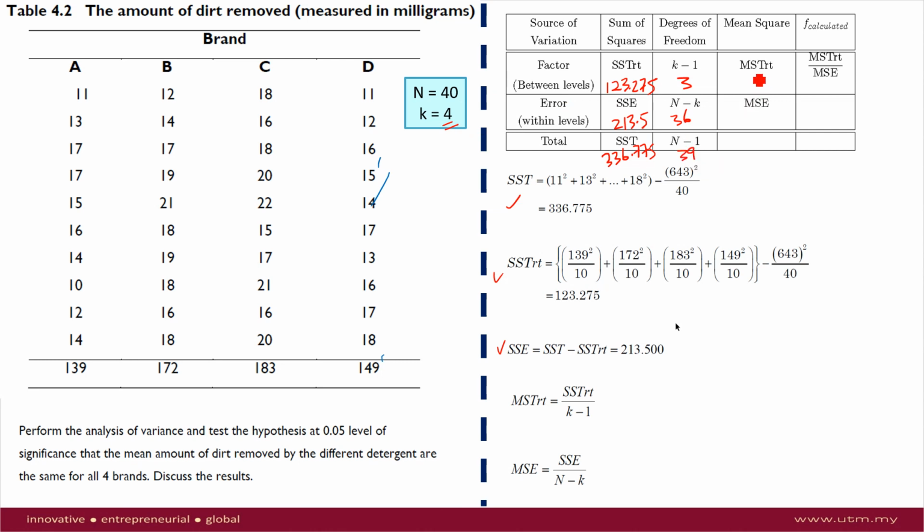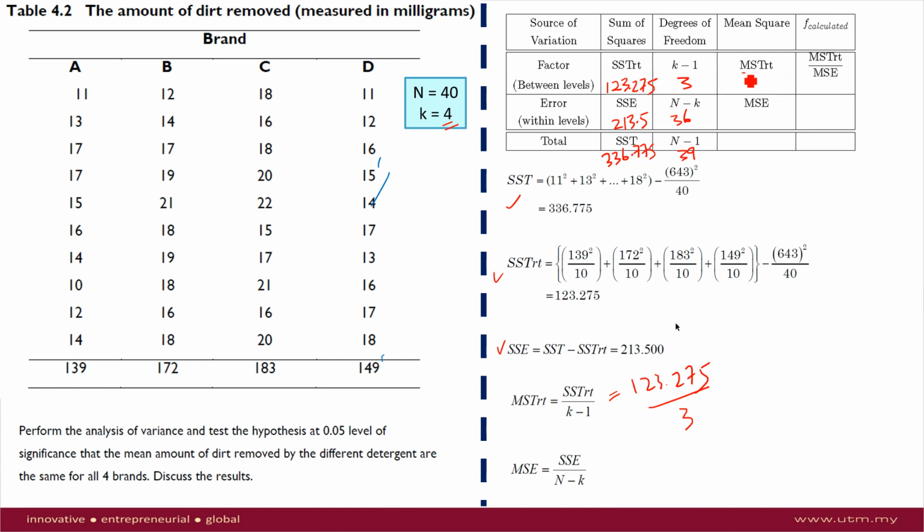How about your MS treatment and MSE? So your MS treatment is equal to SS treatment divided by K minus 1. So now your SS treatment is 123.275 divided by K minus 1, which is 3. Okay, so you will get your MS treatment. Or if you forgot the formulas, you can also do it like this.